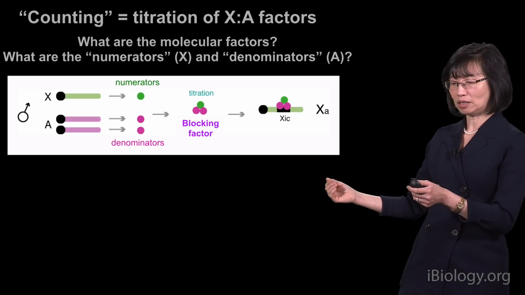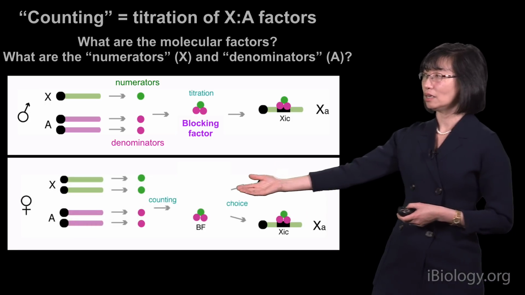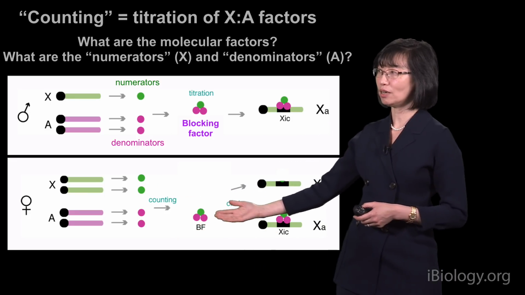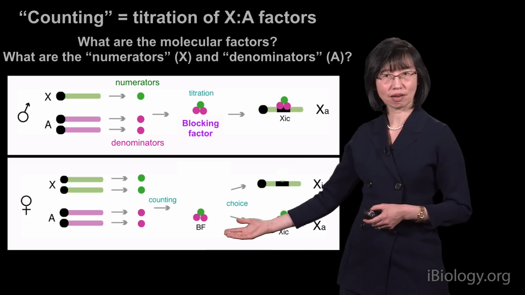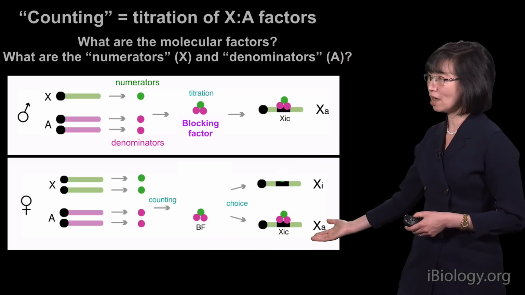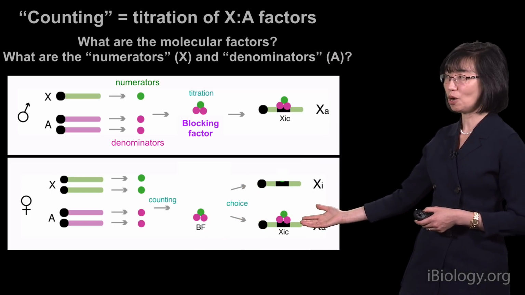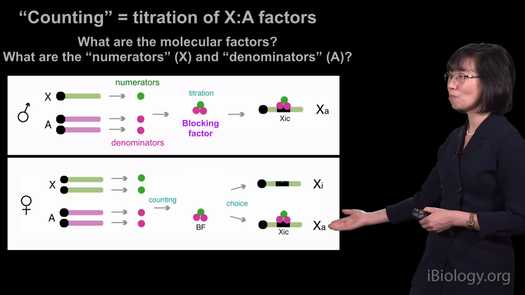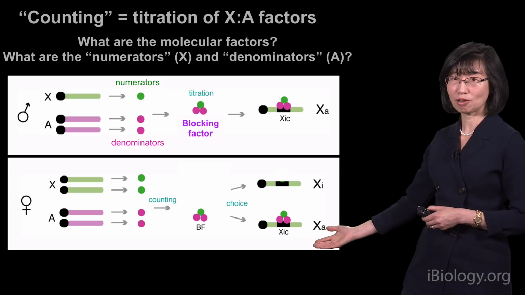So we see that in the male cell, and we also see that in the female cell, where the same factors titrate each other out to form a hypothetical blocking factor, which then sits on the 1X chromosome, preventing that inactivation center from firing, giving rise to this privileged active X chromosome.